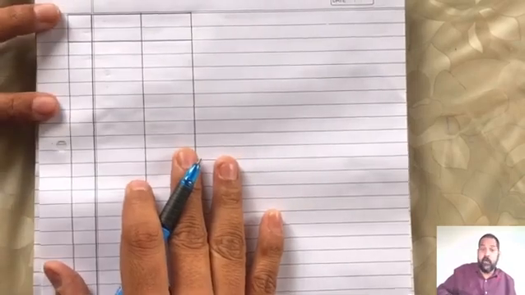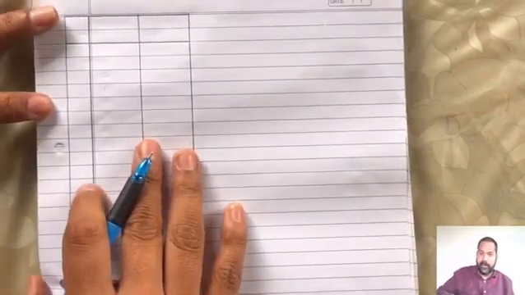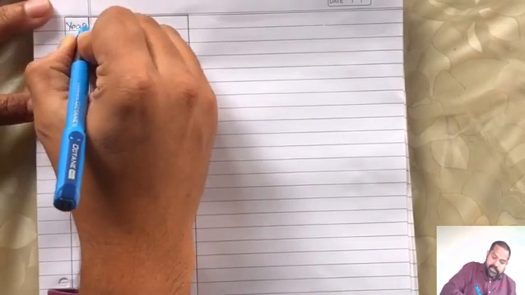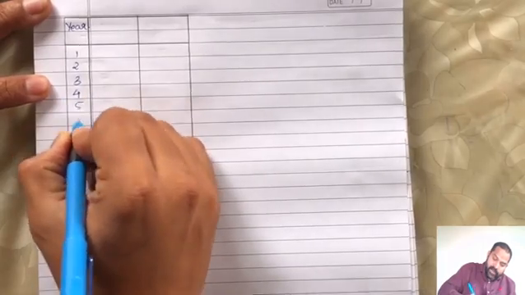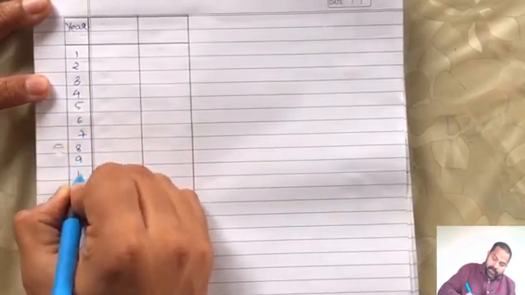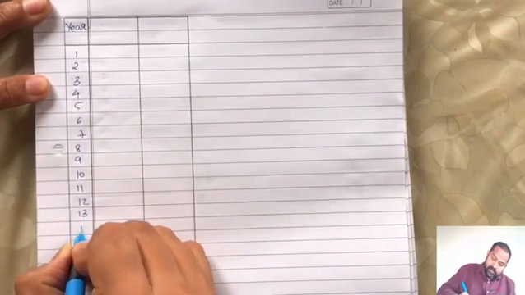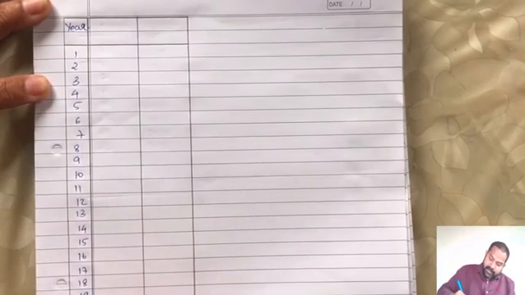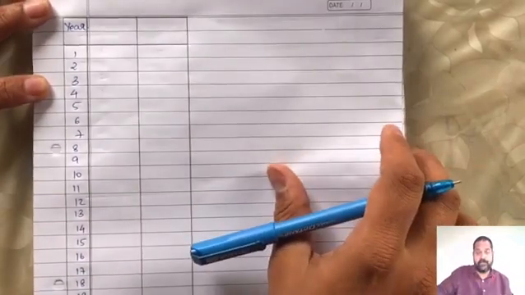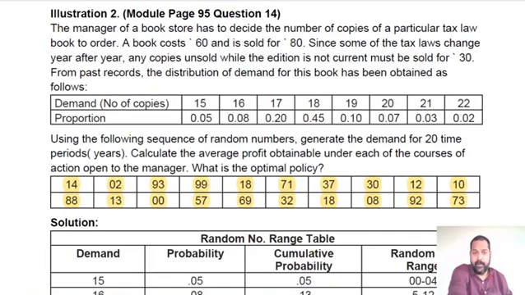We'll quickly come back. Here, I have my table ready. To begin with, I have to predict the demand for 20 periods using 20 random numbers. The first column obviously is going to be year 1, year 2, year 3, up to year 20. It's going to be a rather lengthy question. Let's come to the random numbers and let's quickly write them down.